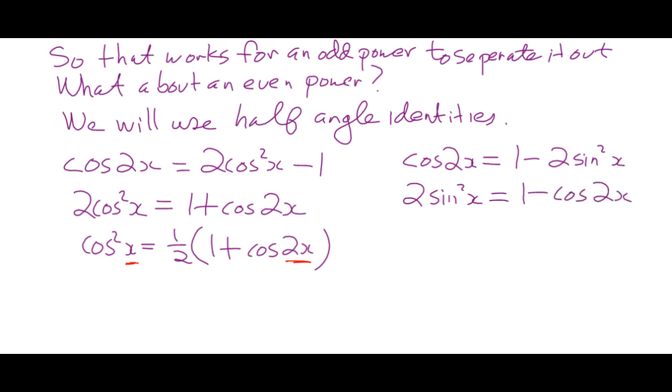So sine squared x is equal to 1/2 of this quantity. And the same relation: whatever's here, this is twice as big, or whatever's here, this is half of whatever's there.